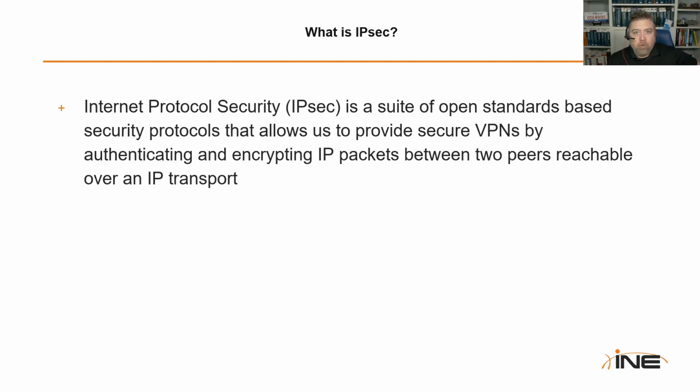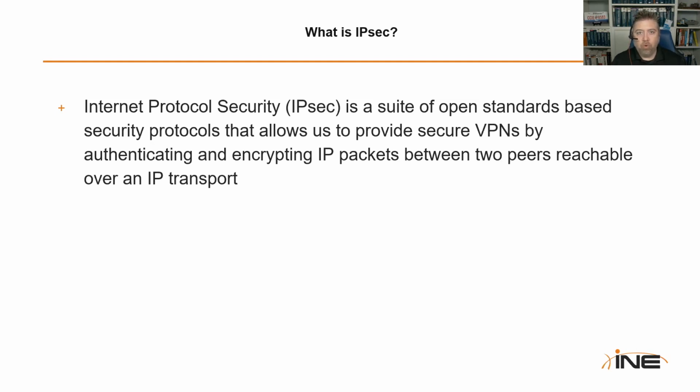So some of the key points here: IP transport means that we don't have any special requirements about how we are sending the packets between the IPsec peers. As long as we can ping between the peers, then we should be able to form an IPsec tunnel. Okay, the other thing that's important is that we offer both authentication and encryption. So we can tell where the packet is coming from, and we can tell that no one can read the payload of the packet as it's actually transiting through the network.